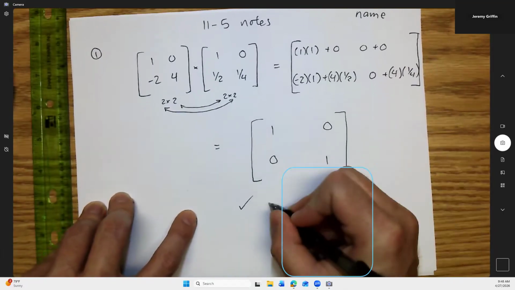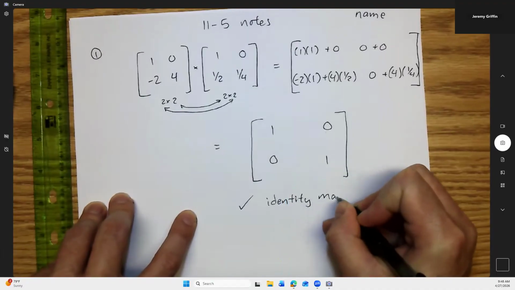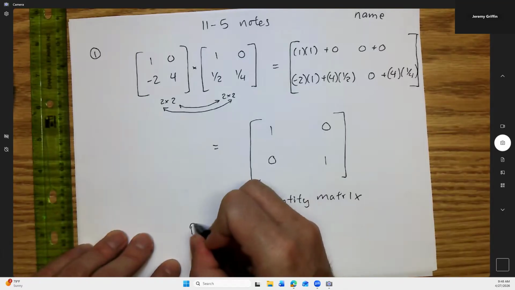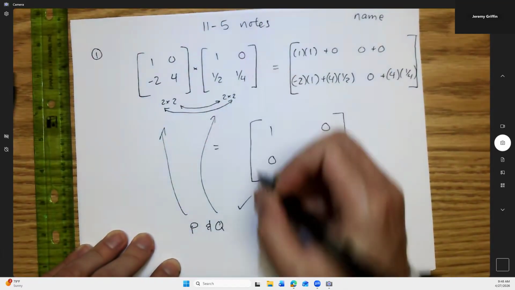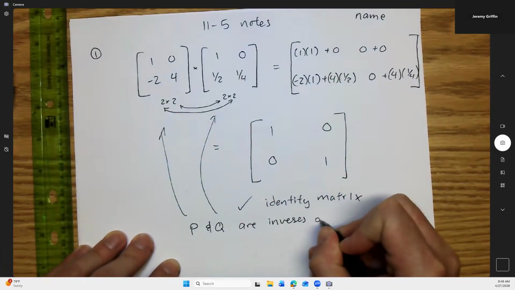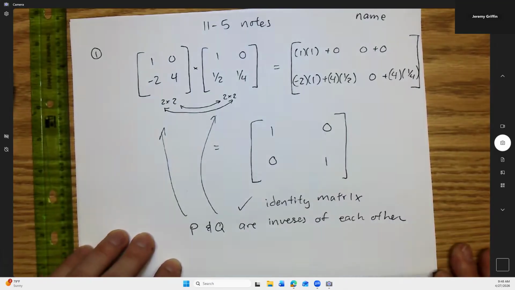So the fact that this is the identity matrix means that those original matrices, so P and Q, are inverses of each other. Right? Okay, guys, go to number 1.